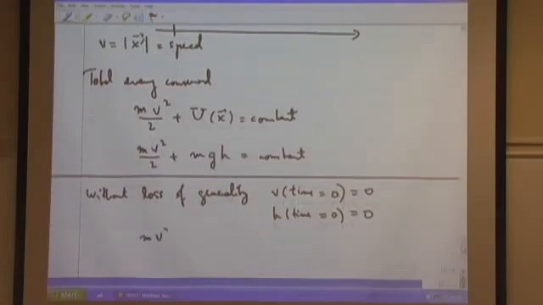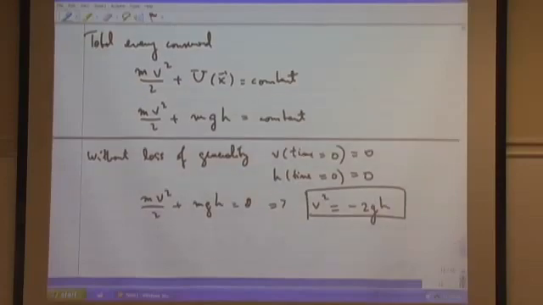Then we have that mv squared over 2 plus mgh equals 0. So that gives you a formula for the velocity. Not for the velocity, for the speed.